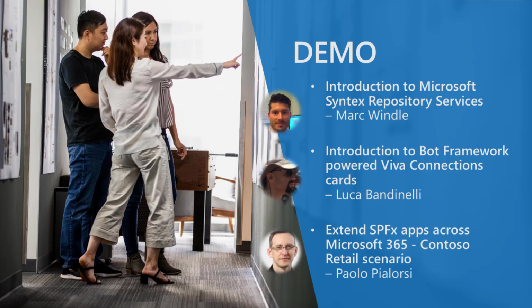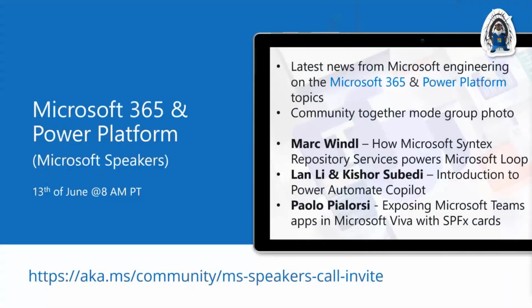Now, next week on 13th of June, Fabian is going to be hosting the call. I will be actually on a quick family vacation next week, so I will not be here, but we'll have Marc to continue the storyline with Microsoft Syntex and how actually the Microsoft Loop application is powered by, or is using, Microsoft Syntex for powering itself.